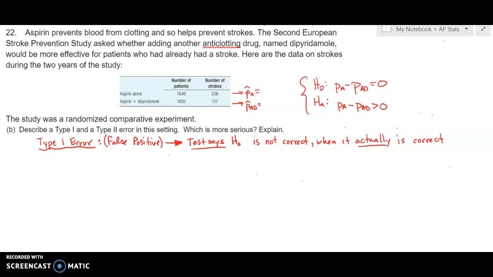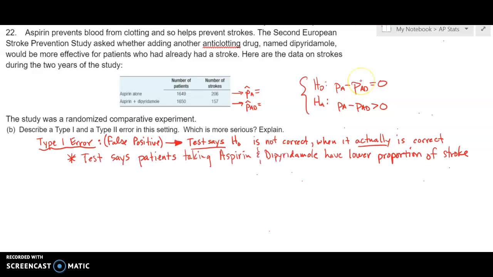So what does that mean within the context? Within the context, what it means is this. Our test says a null hypothesis is not correct, means this. Our test says that patients taking aspirin and dipyridamole have a lower proportion of stroke. So it effectively says that if you take aspirin and dipyridamole, the likelihood of you having a stroke is lower, when in actuality, this happens.